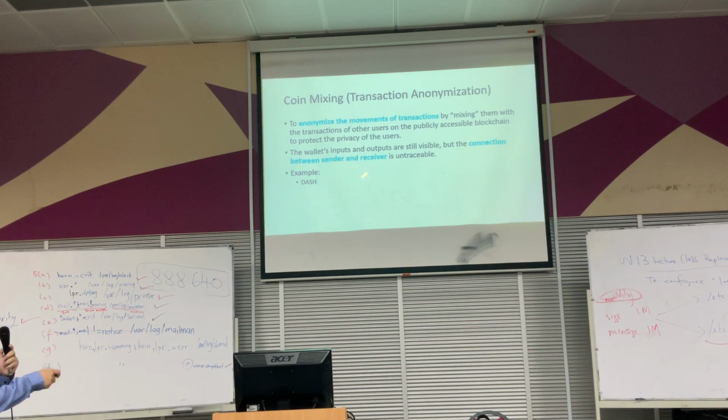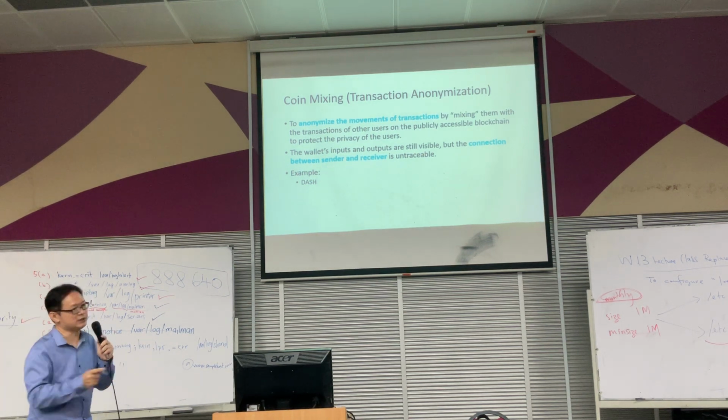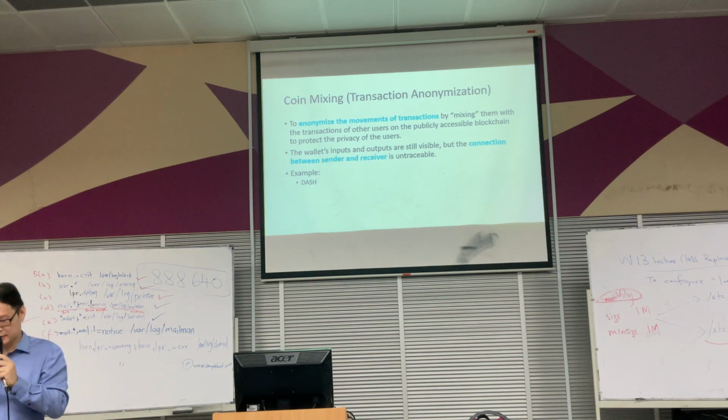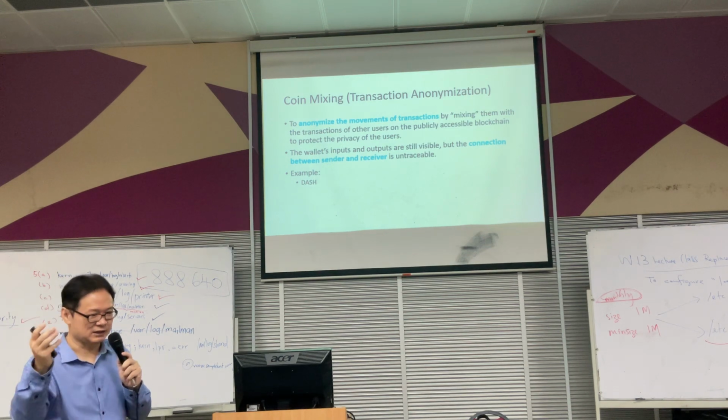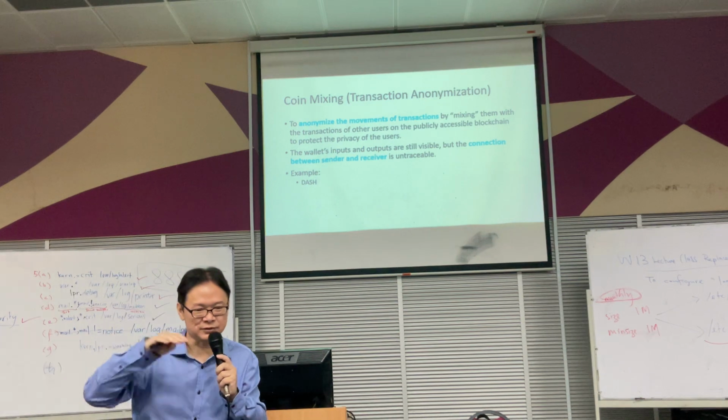If you go to the explorer of Dash, it is not clear for you to identify where the money actually came from. You cannot see the connection between the receiver and so on. Maybe they make a big path, not going through directly.